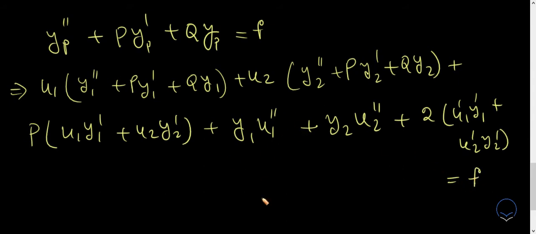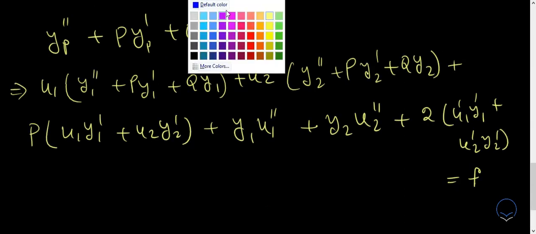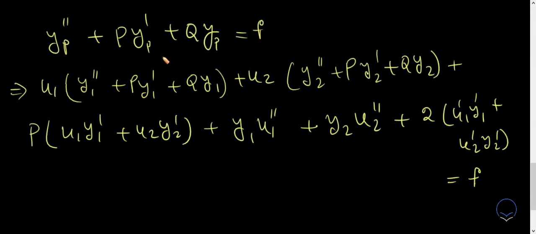Obviously all of these are functions of t, and now you can see that since y1 and y2 both satisfy the homogeneous differential equation, this part will be 0 and this part will be 0.